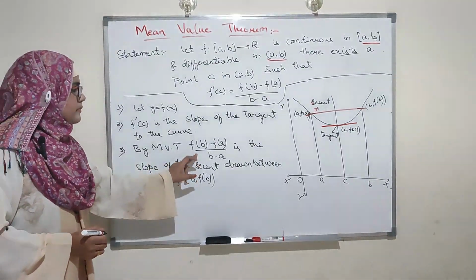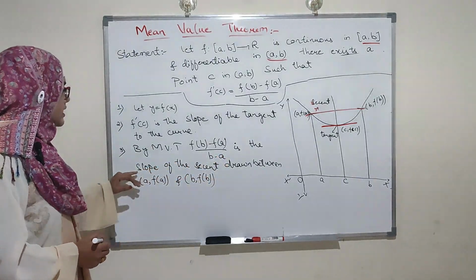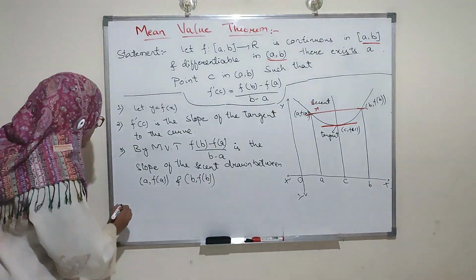So this f of b minus f of a whole divided by b minus a is the slope of the secant drawn between these two. Okay, now write fourth point.